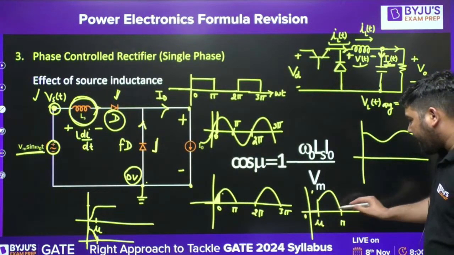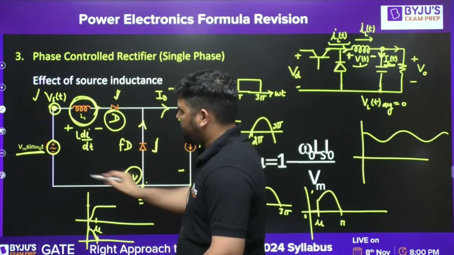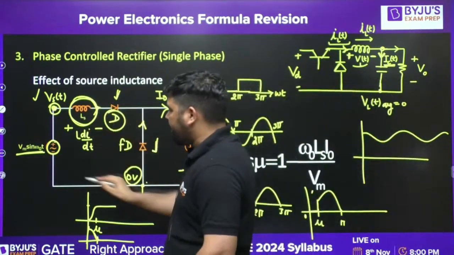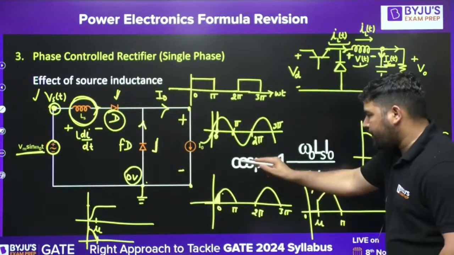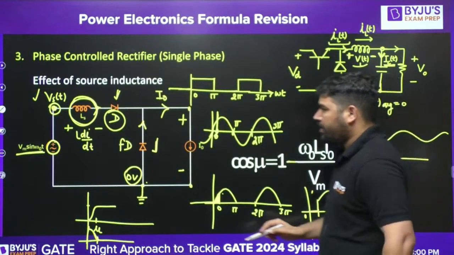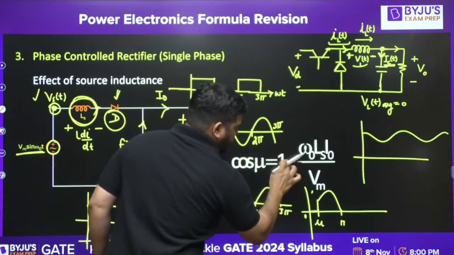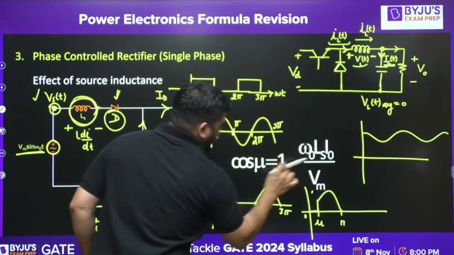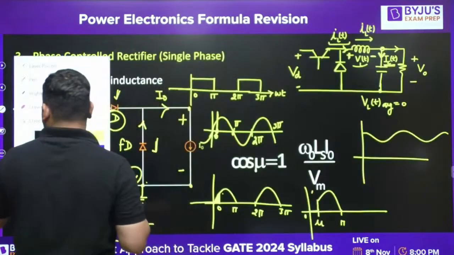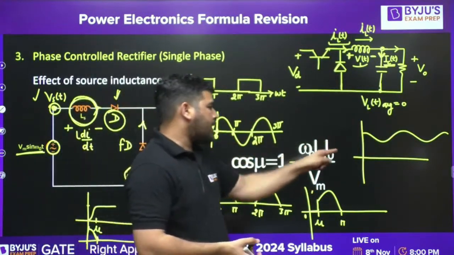Now, if you want to calculate mu, how to calculate? You have to apply KVL in this loop during the overlapping interval, and using KVL, you will find that cos mu equals 1 minus omega naught Ls I naught by Vm.